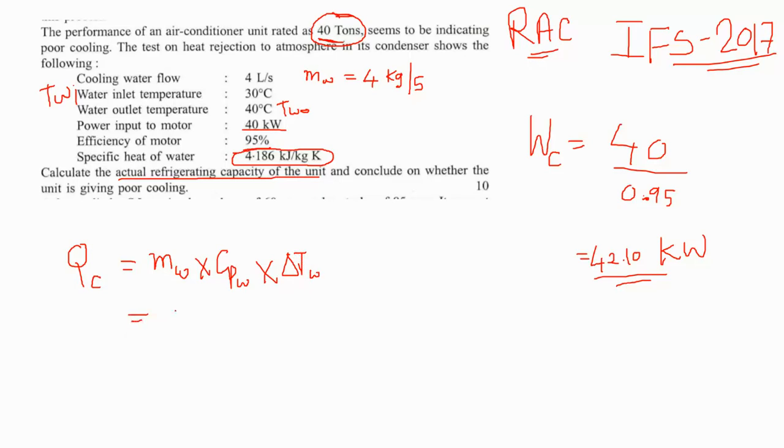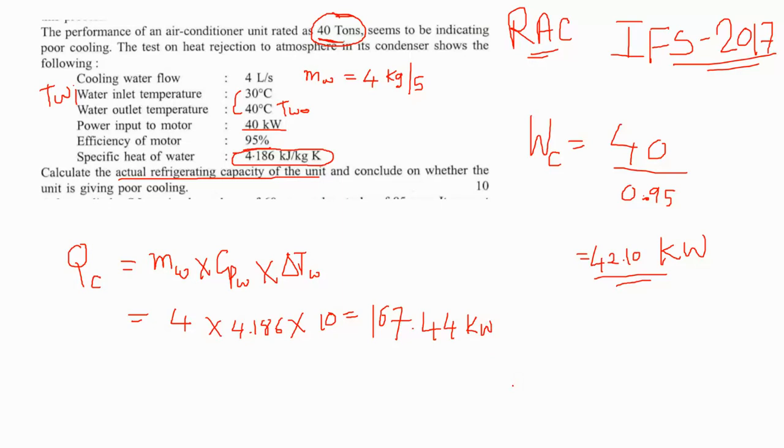Mass flow rate is given to us 4 kg per second. Specific heat of the water is given to us 4.186, and temperature difference from here you can find is 10 degrees. So when you put all these values, you will find it as 167.44 kilowatt.